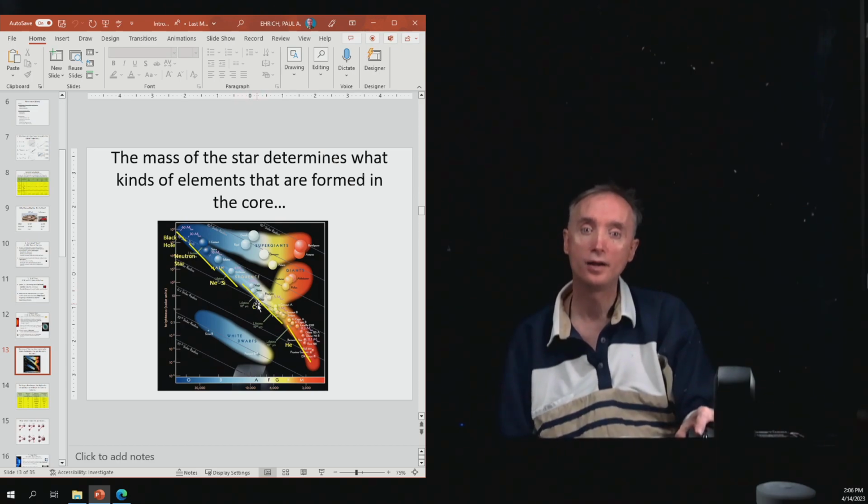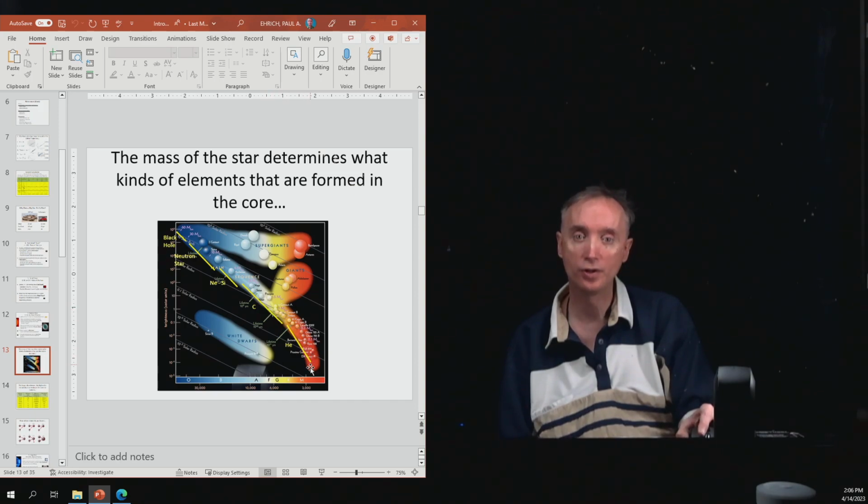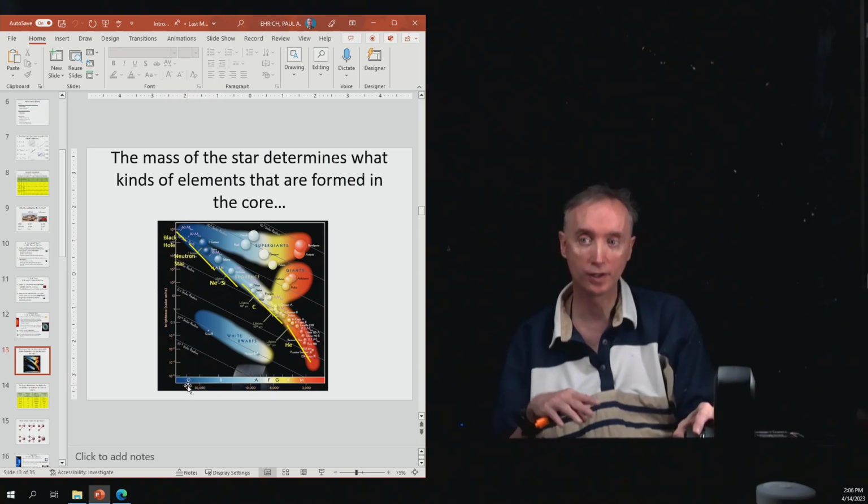If you look at it, you'll notice that the temperature for a low mass star is low. The temperature for a medium sized star is hotter, and the temperature of a large star is really hot. That's following those formulas that we just talked about.